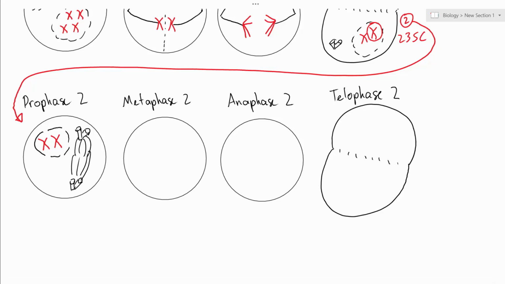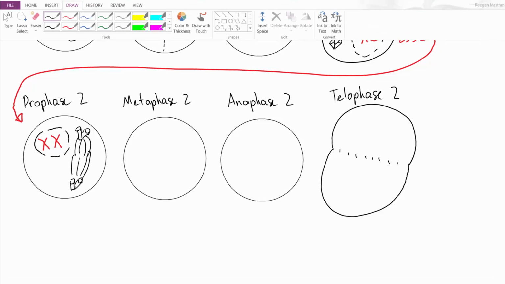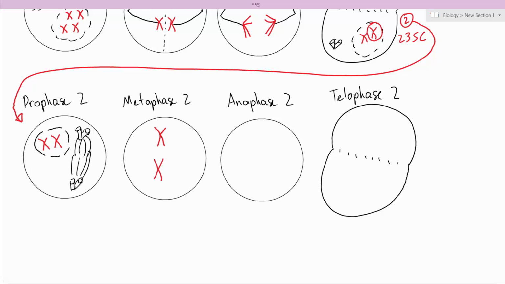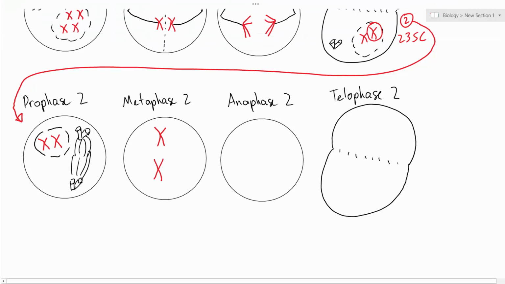So in metaphase 2, rather than our pairs lining up, this division looks a little bit more like mitosis, where we don't have pairs lining up, we've got them lined up along our metaphase plate in one long line as opposed to pairs.